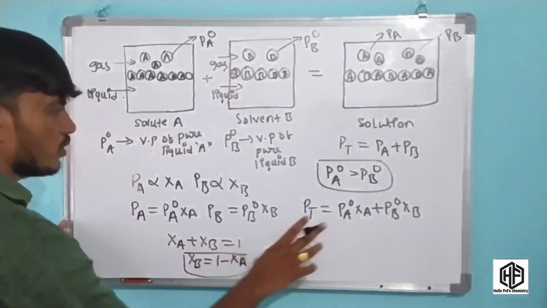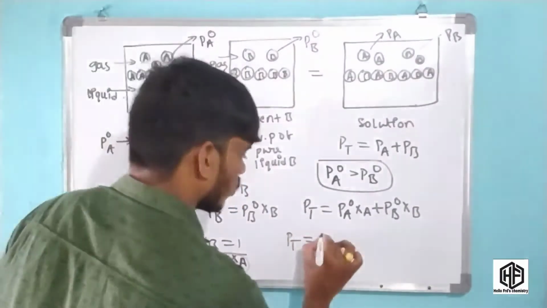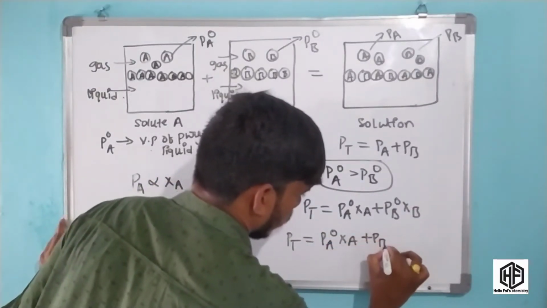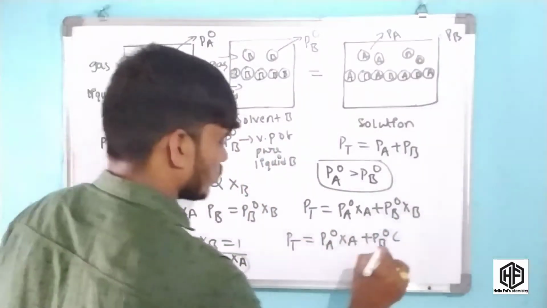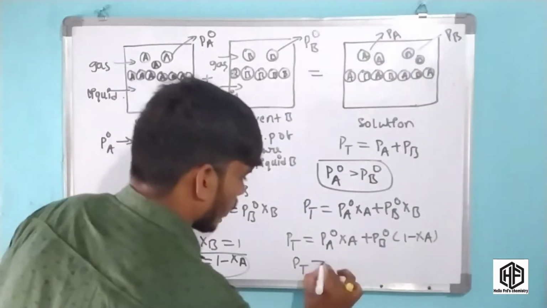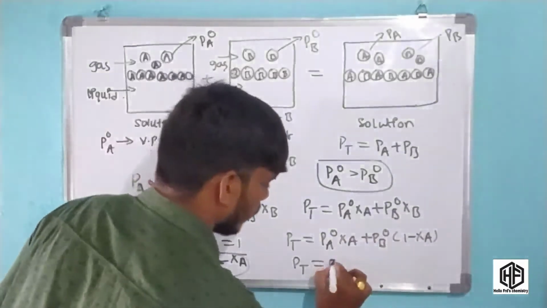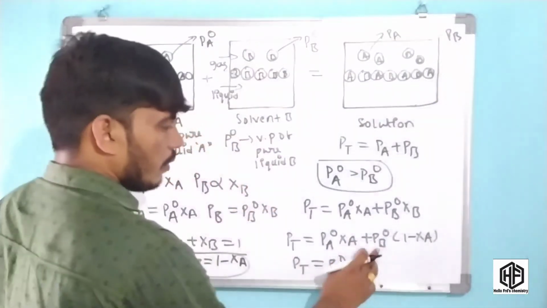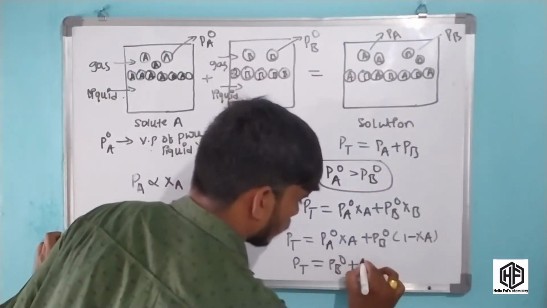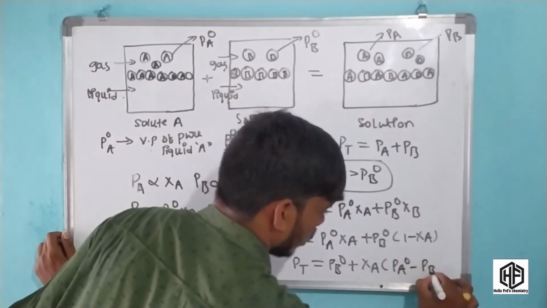Okay, friends, this value is substituted in this equation. The total pressure PT is equal to PA naught zeta A plus PB naught, where the zeta B value is 1 minus zeta A. Finally, the total pressure is equal to PA naught zeta A plus PB naught, minus PB naught into zeta A. Now zeta A is common in these two terms, so PA naught minus PB naught.